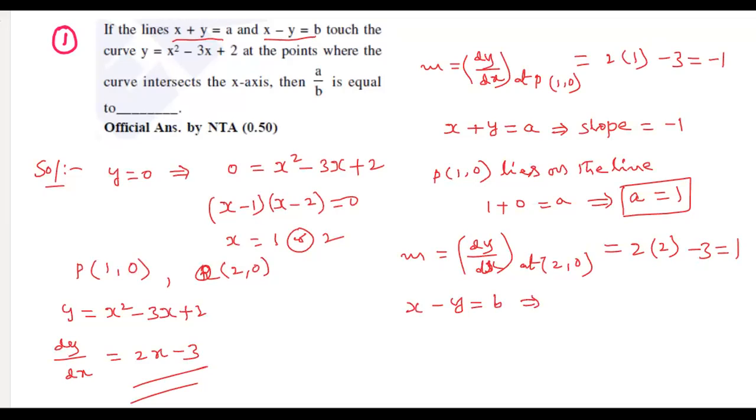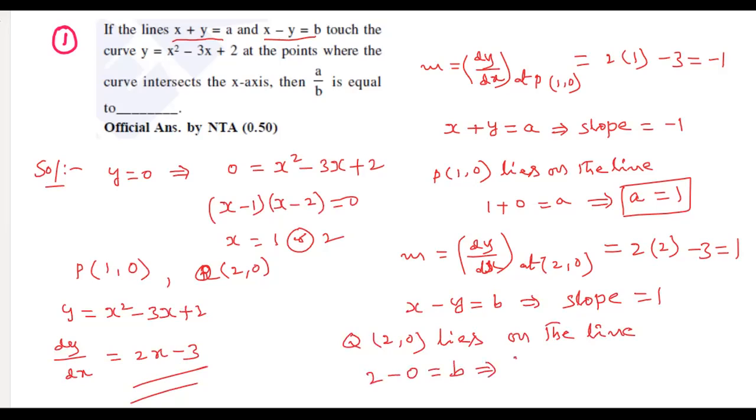What is the slope of the line? Slope is equal to 1. So slopes are equal. So this is the tangent to the curve at point Q. So Q point 2 comma 0 lies on the line.